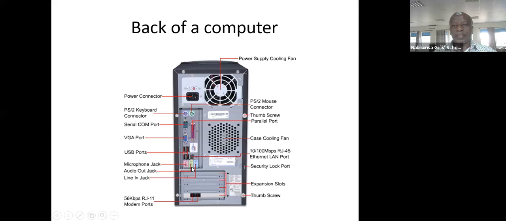So we have the audio jack down here. And also the colors determine what the port or the jack is used for. For example, the audio out jack is green, then the line in jack is blue, and then the microphone jack is purple. You can have some others.